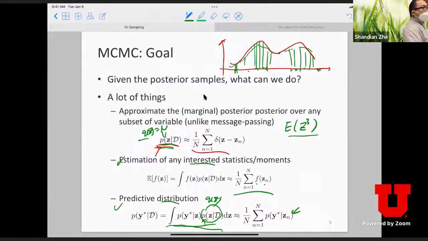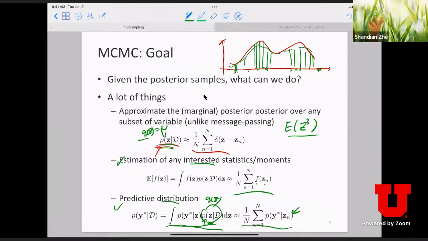Delta measure means that you just sum over the instances, and then you do the integral. It's just a summation over these samples, and of course the measure over each instance will just be 1 over n.